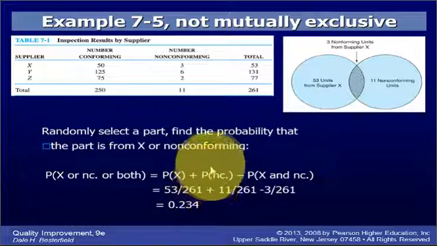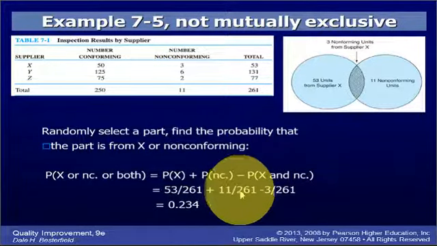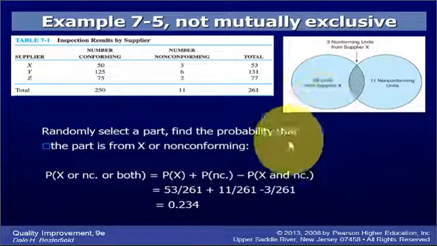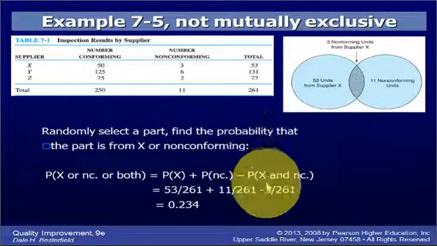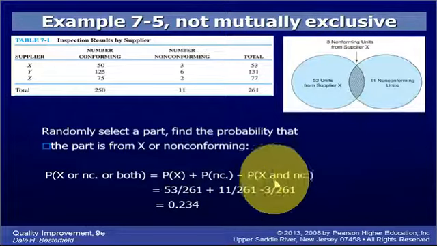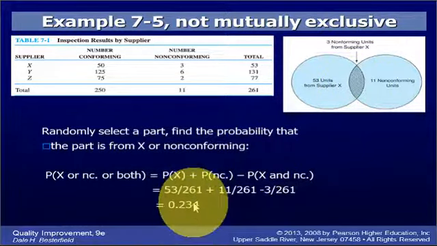And then the probability of non-conforming parts is the total number of non-conforming parts, 11 out of 261 possible outcomes, and then minus the probability of the non-conforming parts from supplier X. Here we have 3 non-conforming parts from supplier X, so we use 3 divided by 261, and this gives us the probability of this overlap, right? And then this gives you the final answer, 0.234.